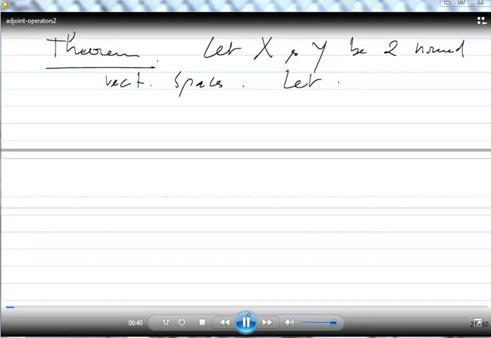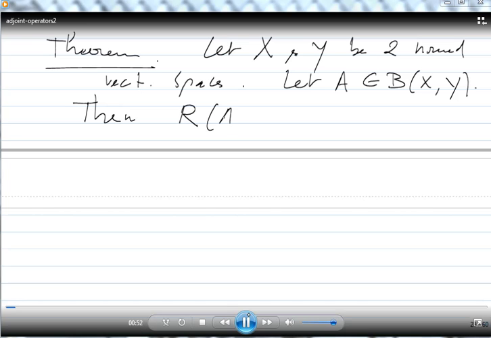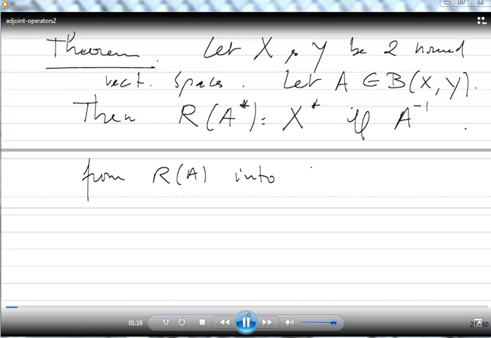Let A be a bounded linear operator from X into Y. Then we have R, the range of A star, equal to X star, meaning that A star is surjective, if and only if A inverse from the range of A into X exists and is bounded.